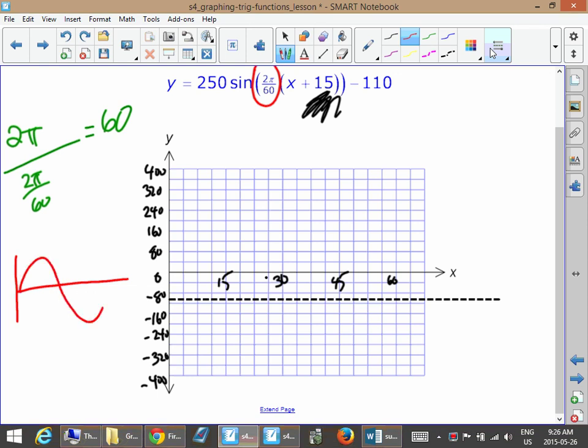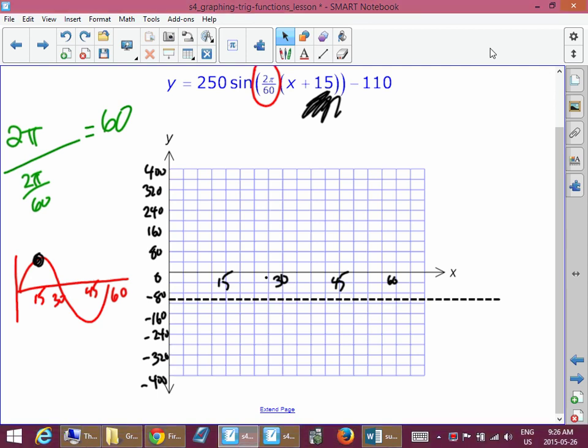Sine curve goes like this. Okay? That would be at 60, 45, 30, and 15. So what we see that's at 15 is the max. So the max gets shifted 15 to the left. So the max, which is at 15, gets shifted to 0. So in other words, like the last graph, we're going to start at the max.